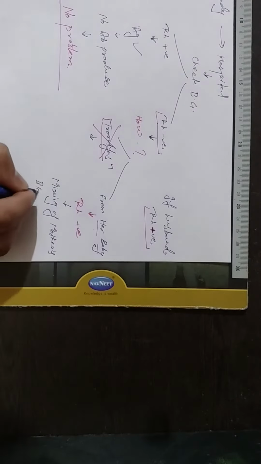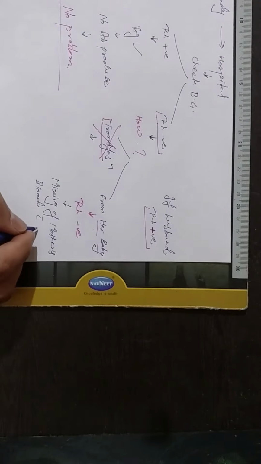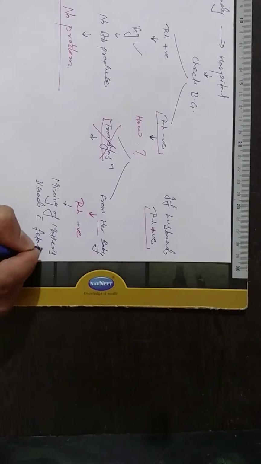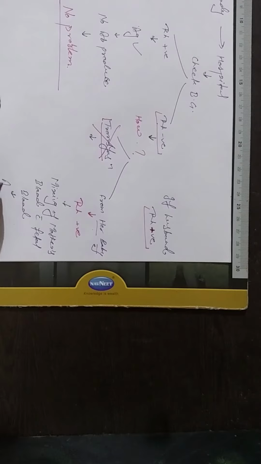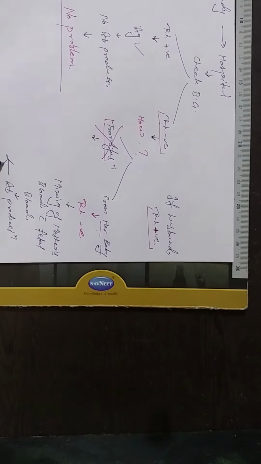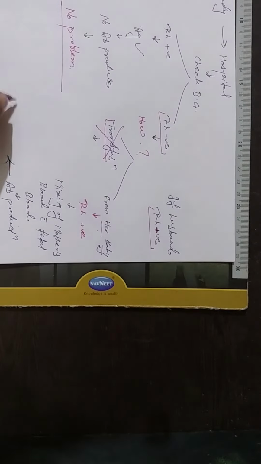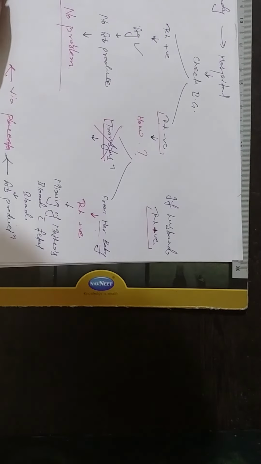And if by any means there is mixing of mother's blood with fetal blood, mother will produce antibodies. Antibody production will be there, and these antibodies from mother's circulation via placenta, where will they go? They will go to fetal circulation.